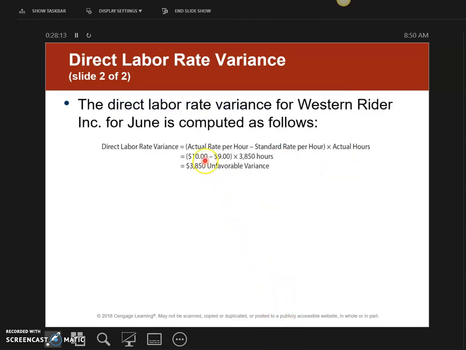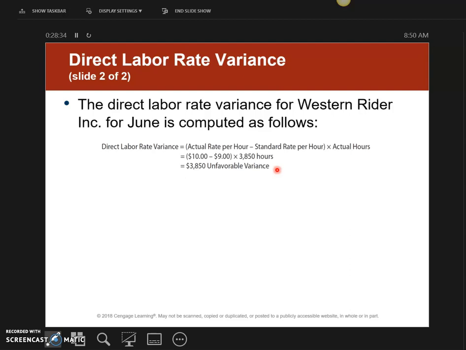So my actual rate is $10 per hour minus my standard was 9. So that gives me $1 times my actual hours. So my labor rate variance, which is 1/2 of the overall labor cost variance, is $38.50 unfavorable. So this is just half of the formula.